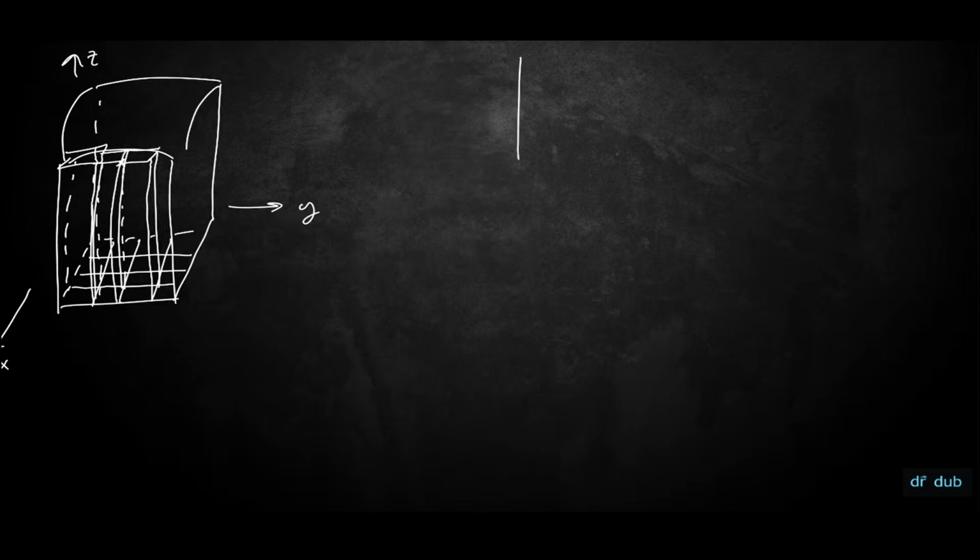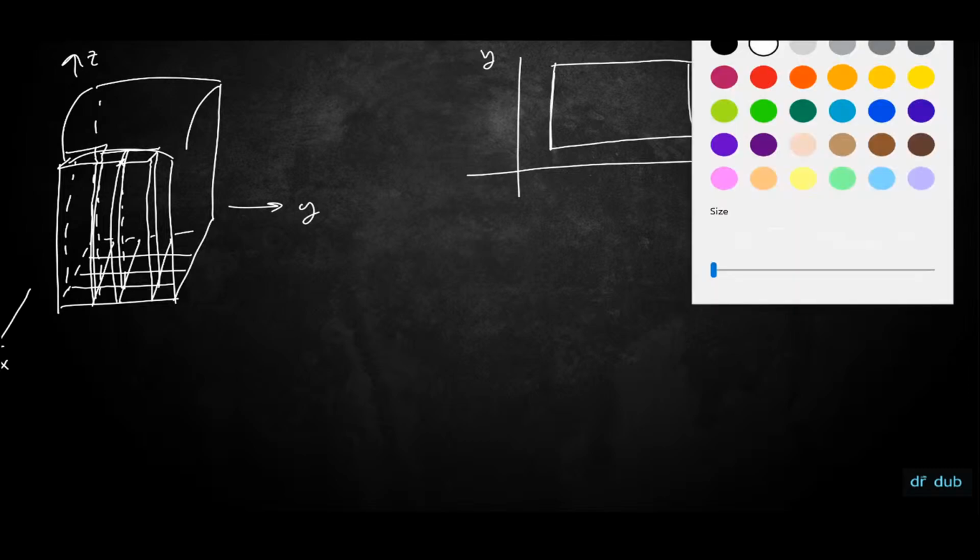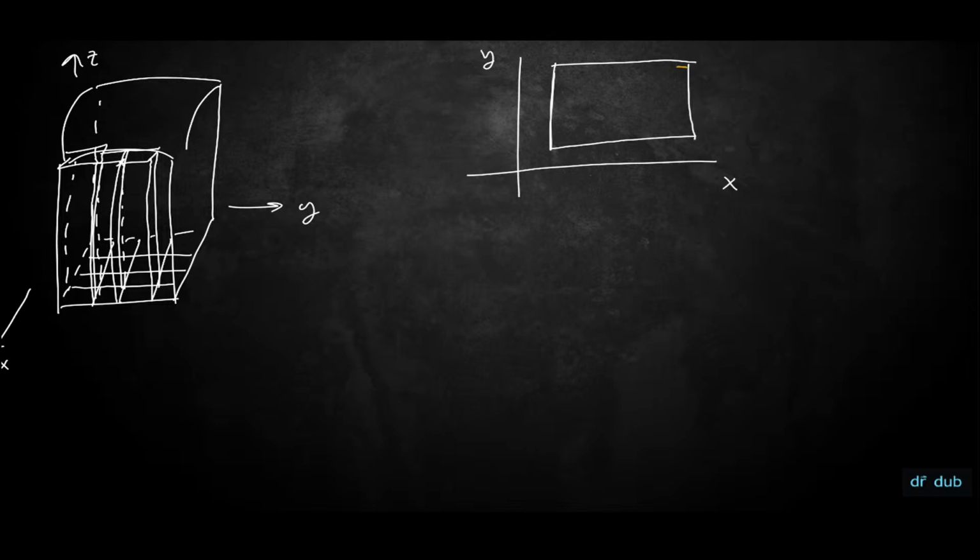So in the xy direction, we have a rectangle. Call it the rectangle R. And it goes from x from a to b, and y goes from c to d.